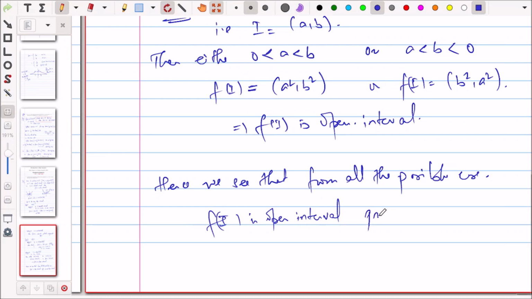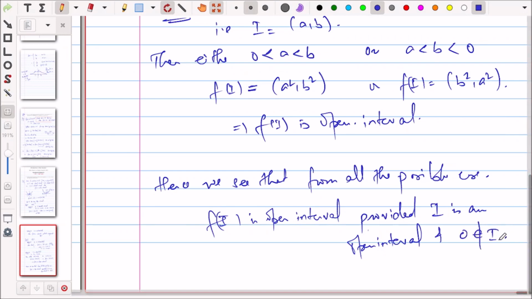Not if and only if, because there may be some intervals which, in fact it will come out to be if and only if, but let us not get into that. So provided I is an open interval and 0 does not belong to I, then f of I is an open interval. Otherwise, if 0 belongs to I, then it will be the interval which starts from 0 and may go to infinity or to some point a.